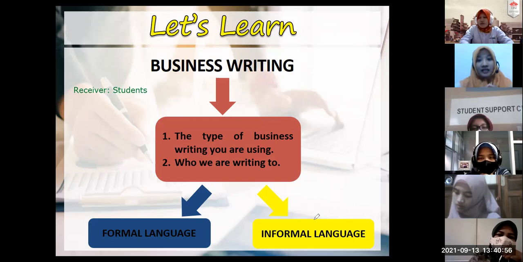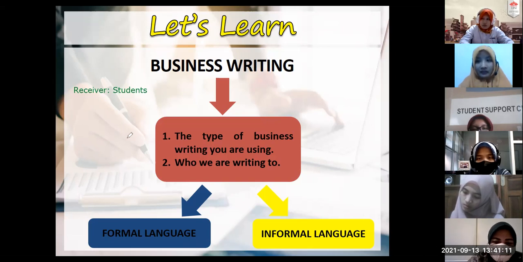For example, he or she is late to pay the tuition. Perhaps we can send it personally, or sometimes we can send a reminder, okay, reminding the students to do or to have something, okay? Right, so now let's continue.